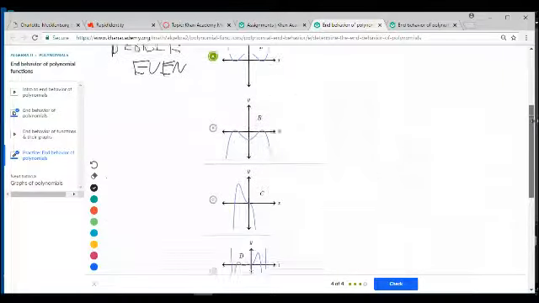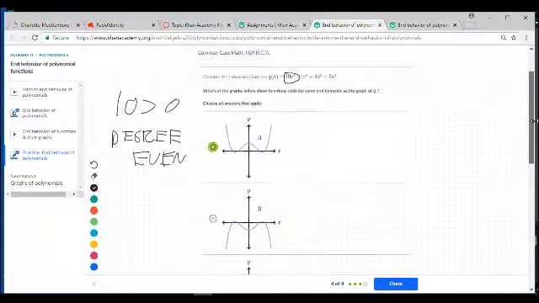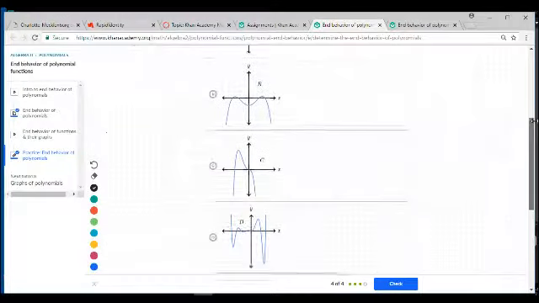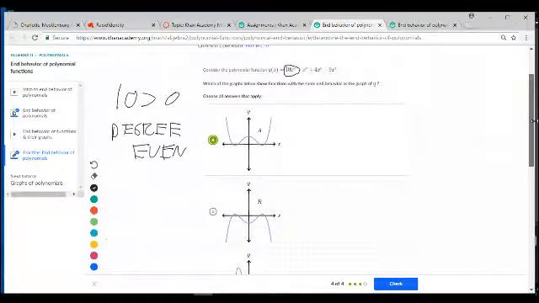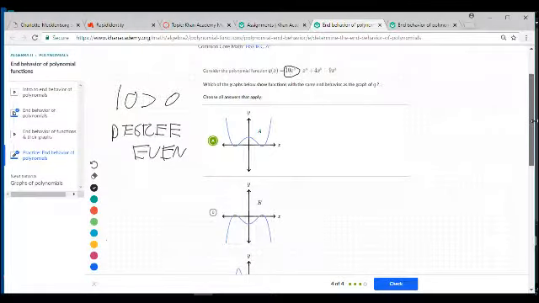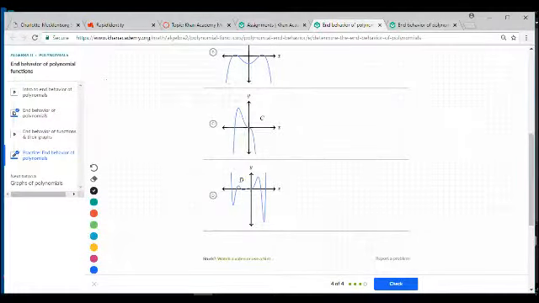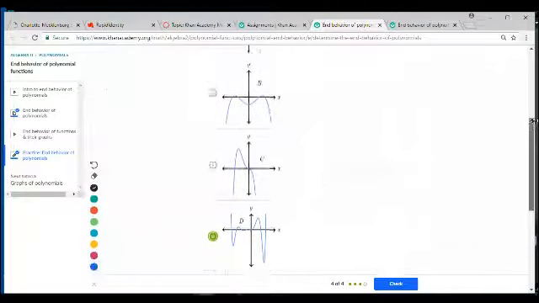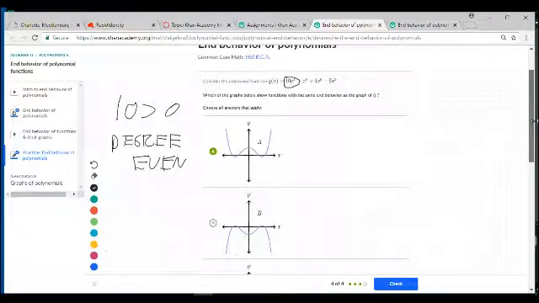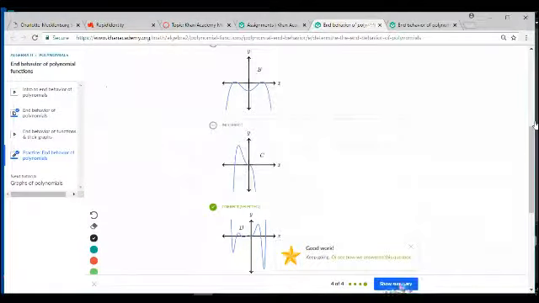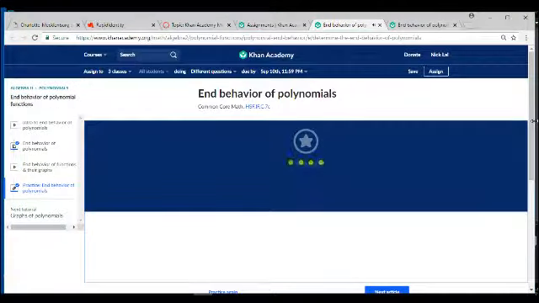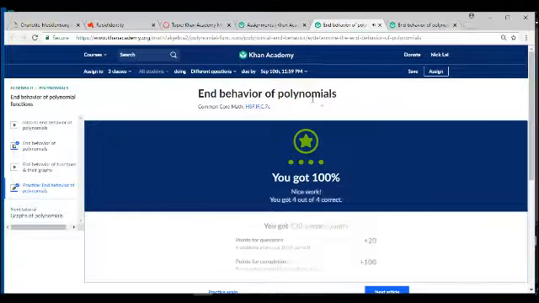So choose all answers that apply. Which graphs have the same end behavior? So both A and D are going to be approaching infinity as x approaches both infinity and negative infinity. So check, great. So that's 100. That's your walkthrough. Have a good evening.